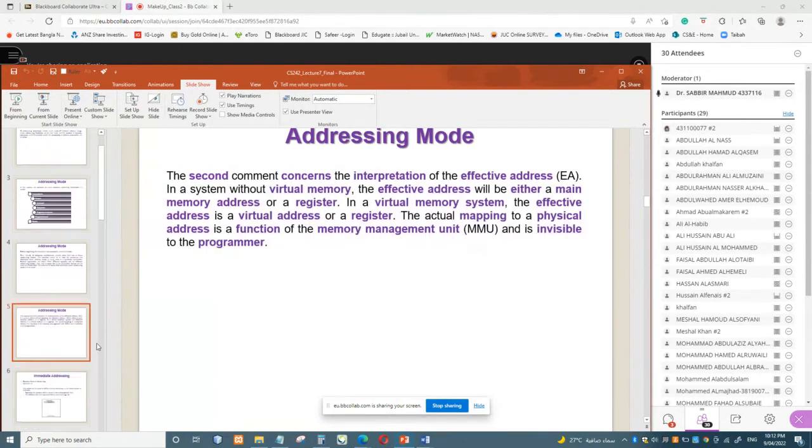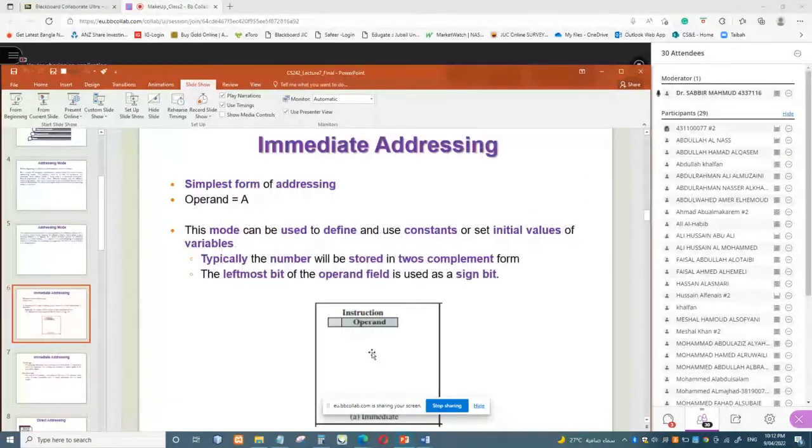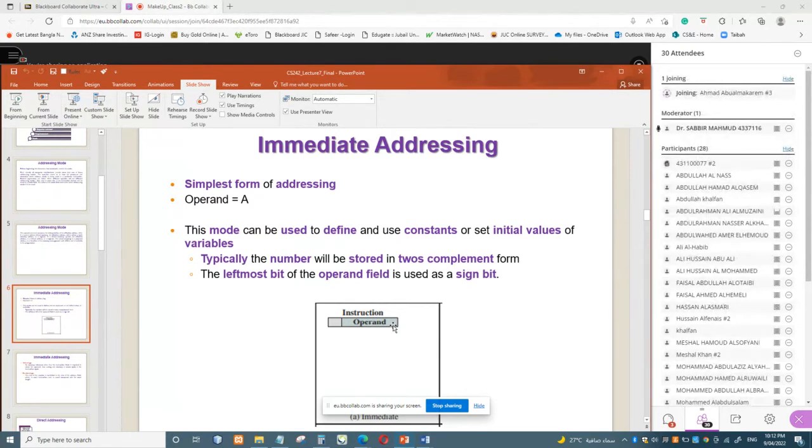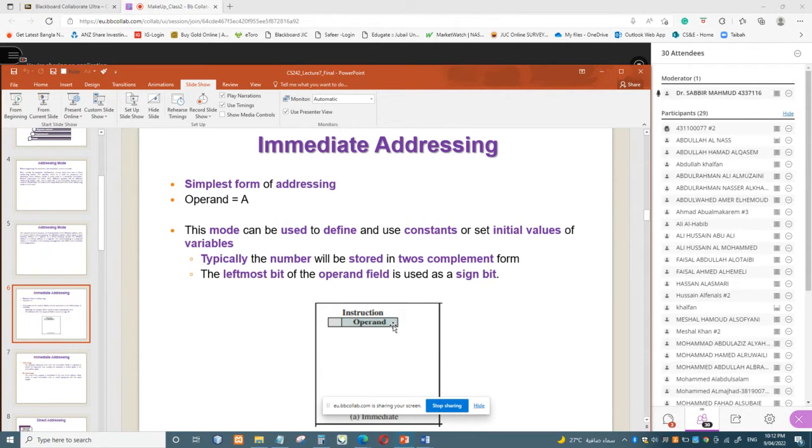In the instruction, this is your opcode and the remaining is your operand. One of the operands will be your immediate value, specified by the constant value. So this is the simplest addressing mode.